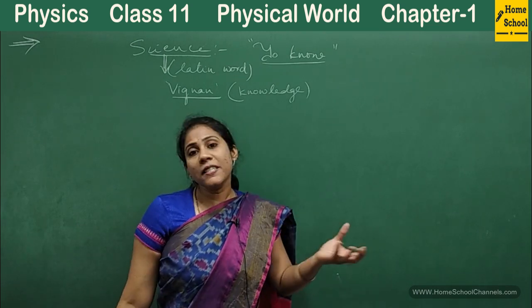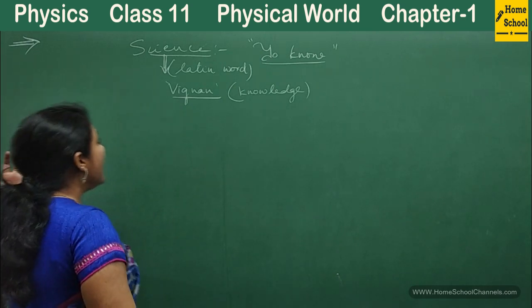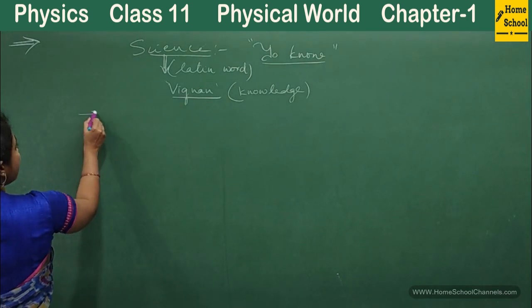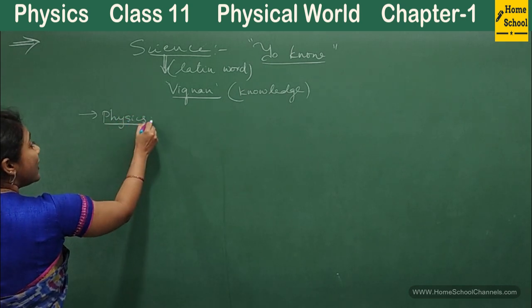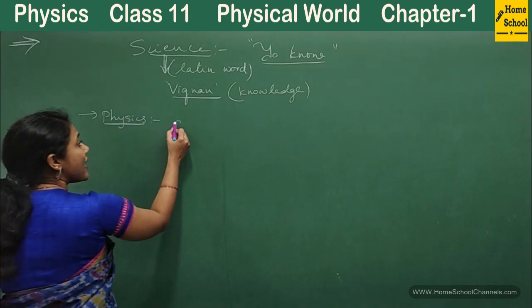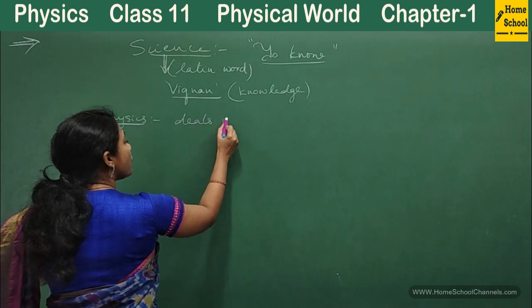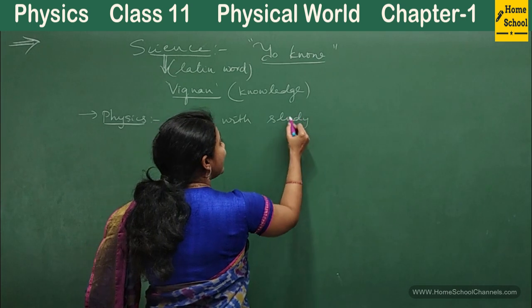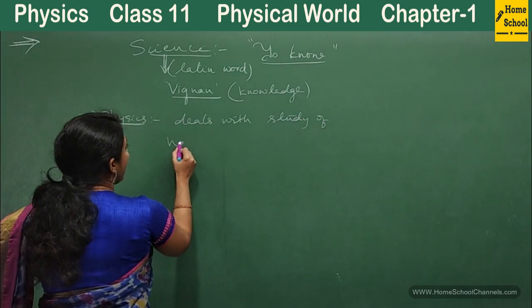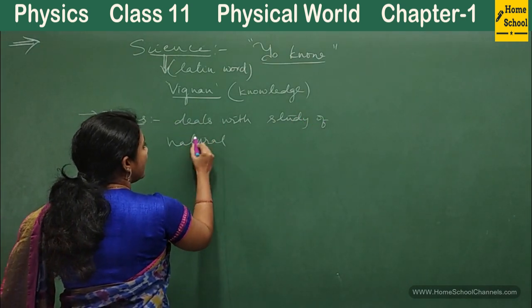There are various branches of science, and one such branch is physics. So what do we actually mean by physics? Physics is a branch of science that deals with the study of natural phenomena.